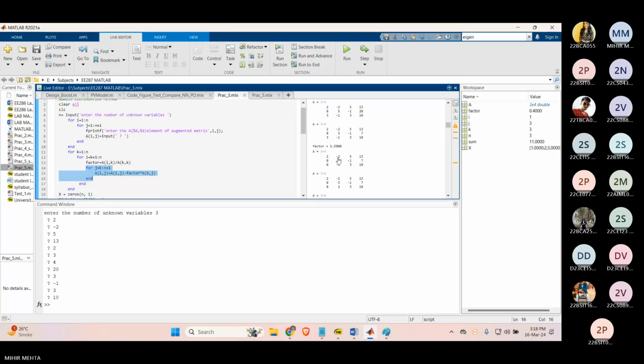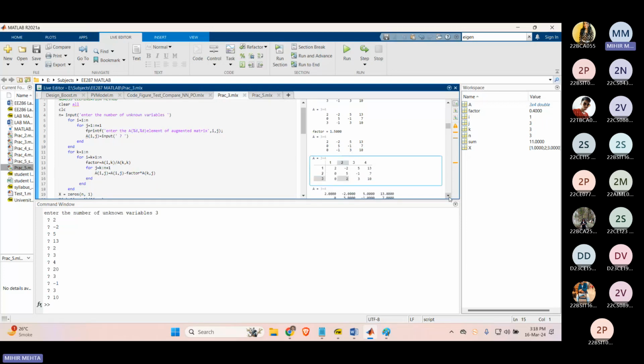So -2 multiplied by 1.5 and added to -1. This will give me my value as 2. Again, calculating this for my third and fourth column, I get the values as -4.5, -9.